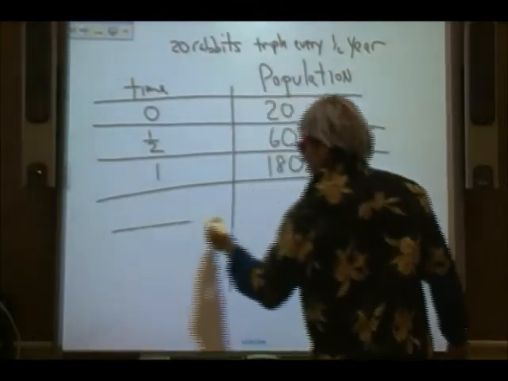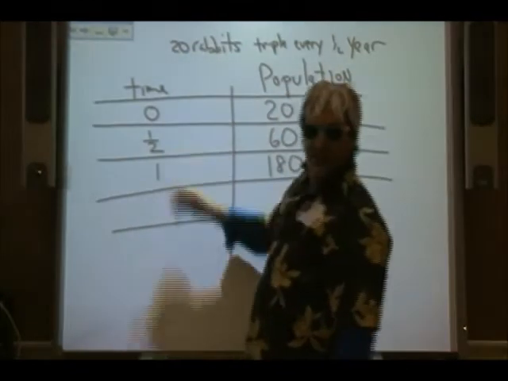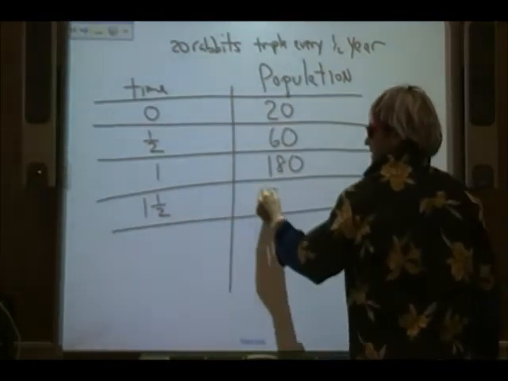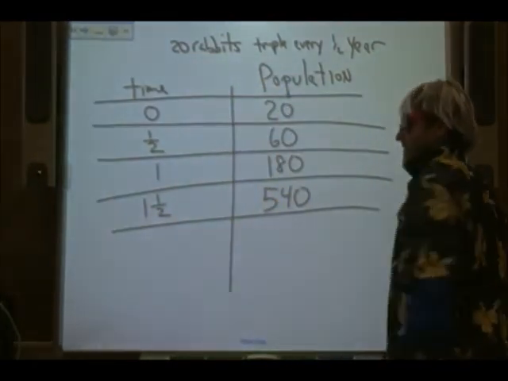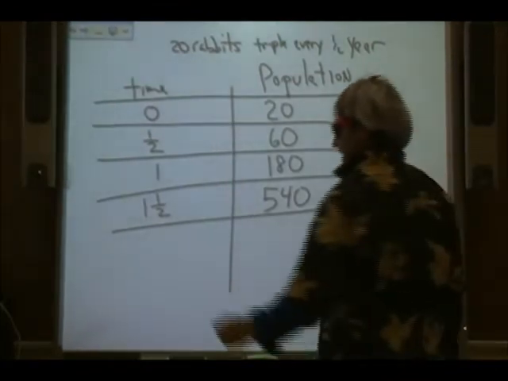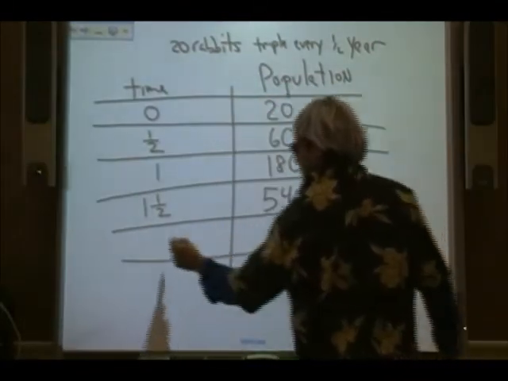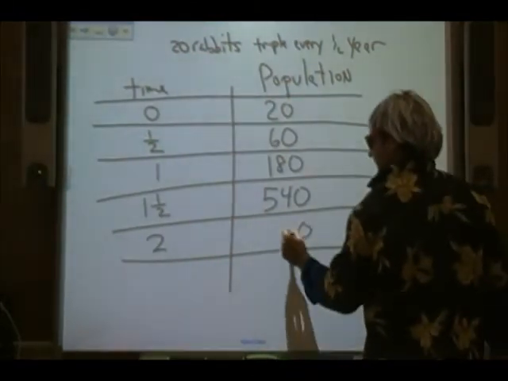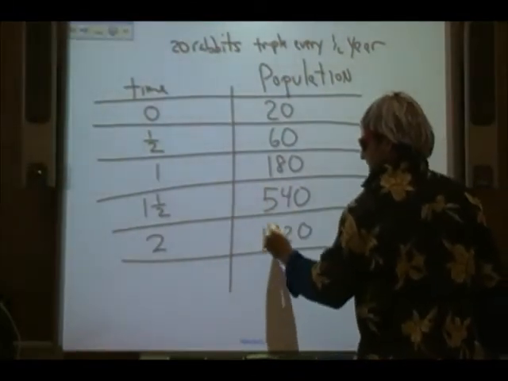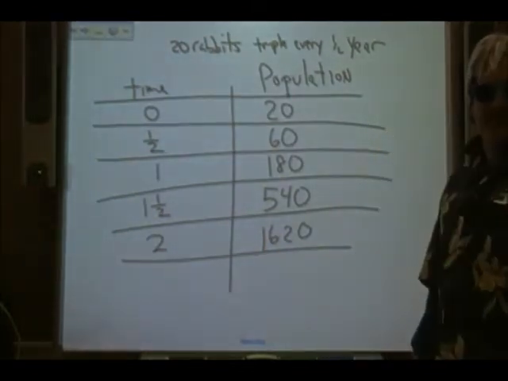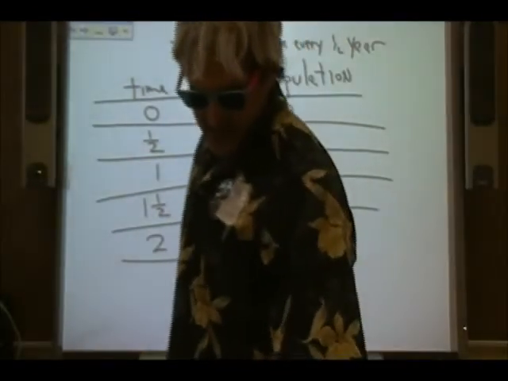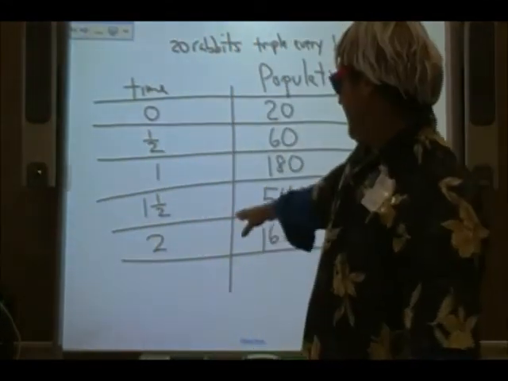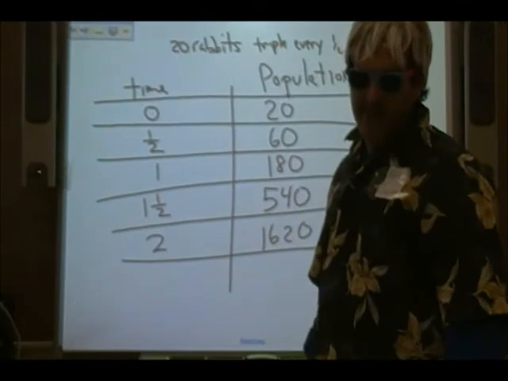Another half year is 1.5 years. You triple this, this becomes 540. And then after 2 years, if you triple this, you're going to get 1,620 rabbits only in 2 years' time.